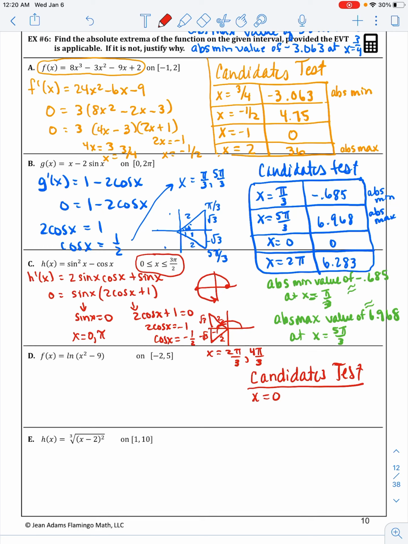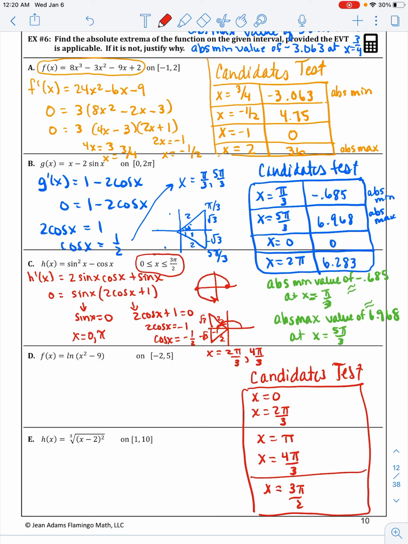I'm going to go ahead and start here and then go around. My next one would be 2 pi over 3, then pi, then 4 pi over 3, and then finally that 3 pi over 2, which is the end. So candidates test gives me all these critical values, critical numbers.